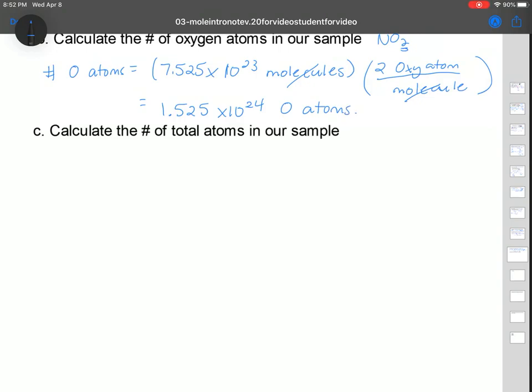And then the number of total atoms. So if we have NO2, again, you've got 1 N plus 2 O equals 3 total.